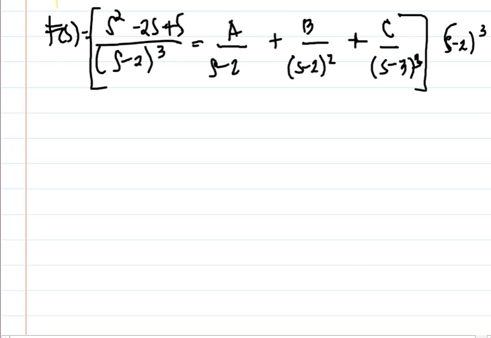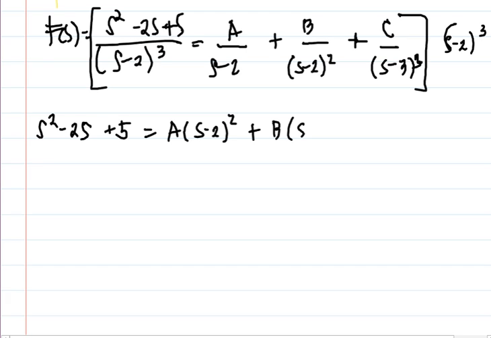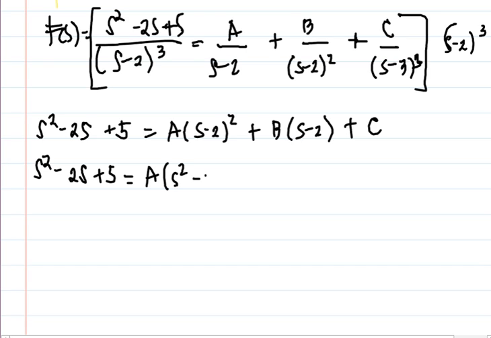So this is equal to, on our left side, s squared minus 2s plus 5 is equal to A times s minus 2 squared plus B times s minus 2 plus C. So, let us simplify: s squared minus 2s plus 5 is equal to A multiplied by s squared minus 2s plus 4 plus Bs minus 2B plus C.